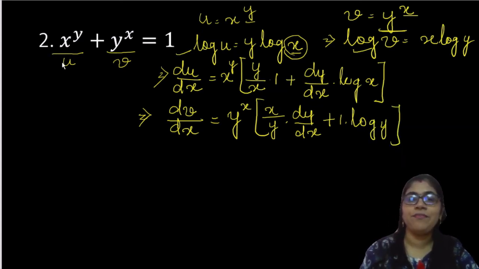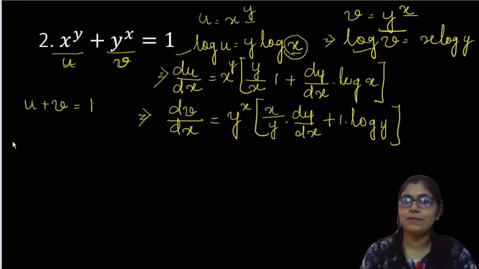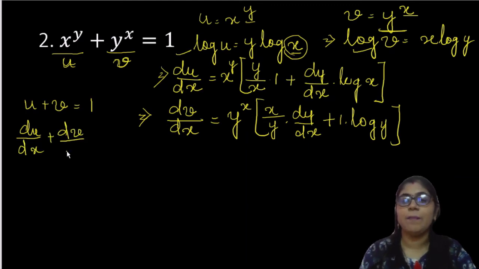So if this is u and this is v, we can write u plus v equals to 1, or you can say du by dx plus dv by dx equals to 0.